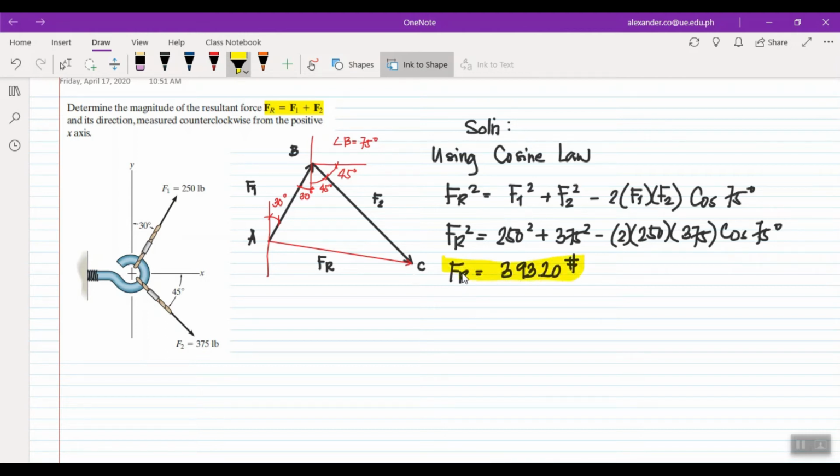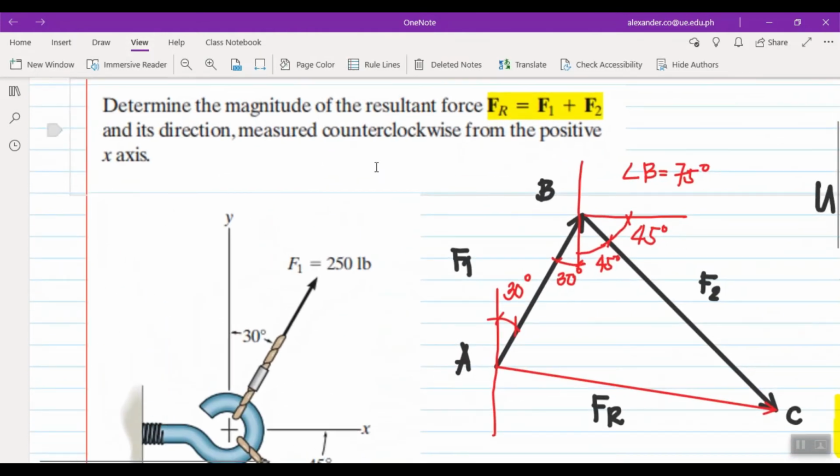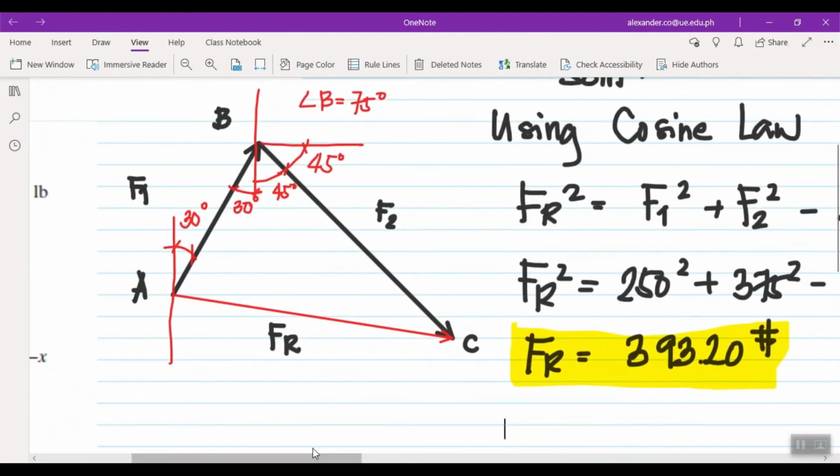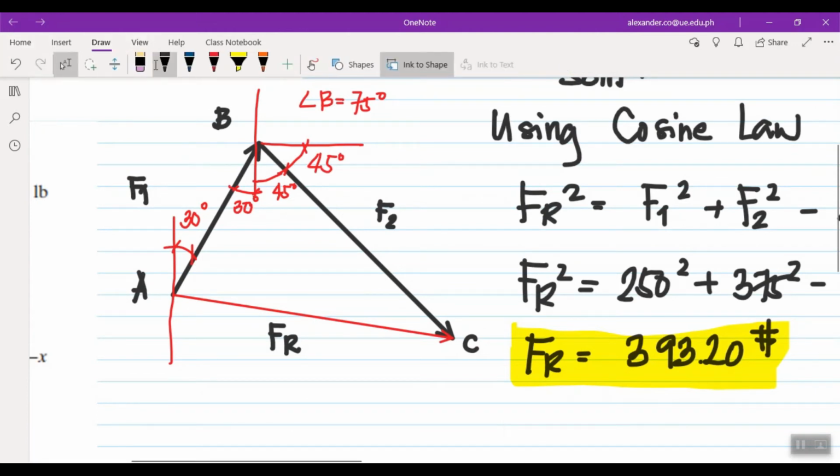Okay? So, ang vector, it has a magnitude and direction. Okay? So, ngayon, ano ngayon yung direction? Ang tinatanong dito, measured counterclockwise from the x-axis. Okay? So, lakihan muna natin ulit. Ito kasi kailangan natin. Measured counterclockwise from the x-axis. Okay, using yung red. So, ito. So, ibig sabihin, ano yung angle niya?